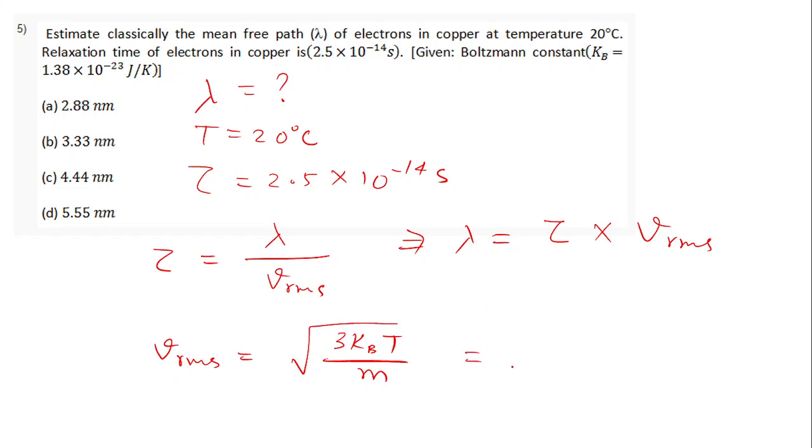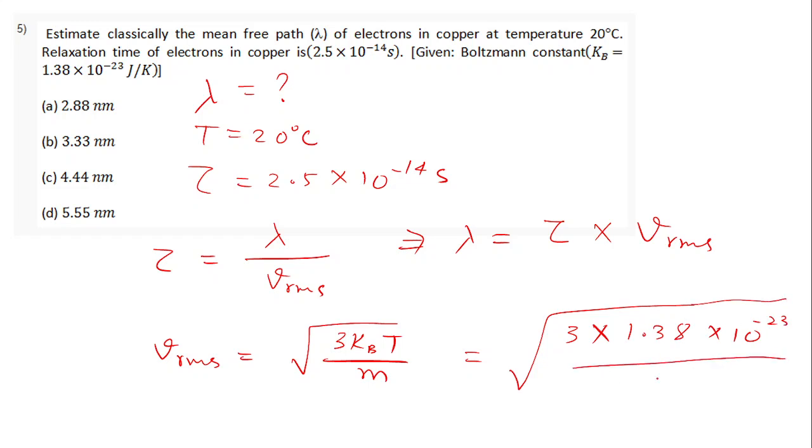So from here we can calculate 3 times the Boltzmann constant, which is 1.38 times 10 to the power minus 23 joule per Kelvin, divided by mass of electron, which is 9.1 times 10 to the power minus 31 kg.